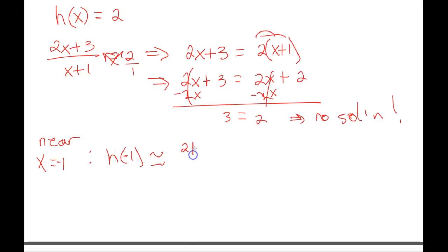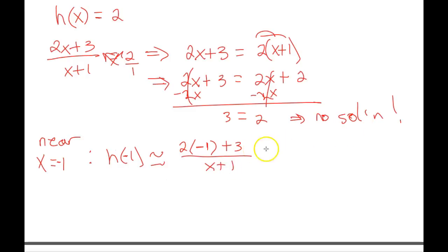So we have 2 times -1 plus 3, all that divided by x plus 1.